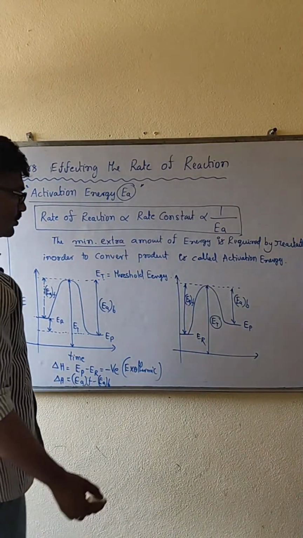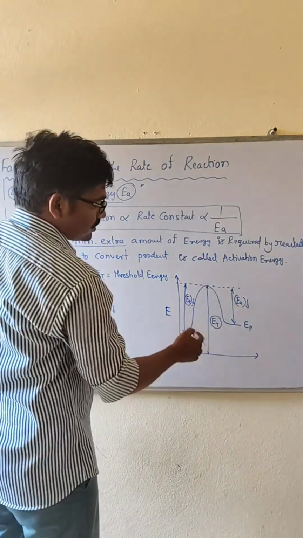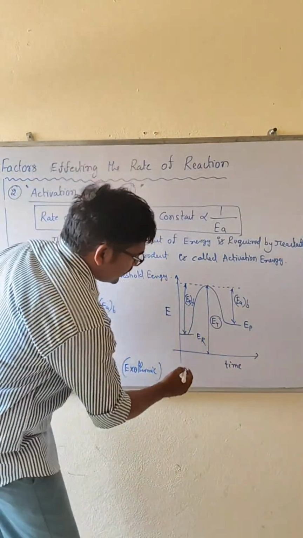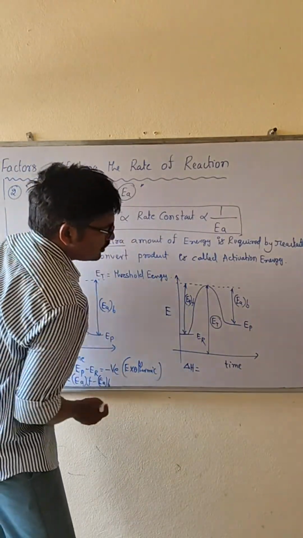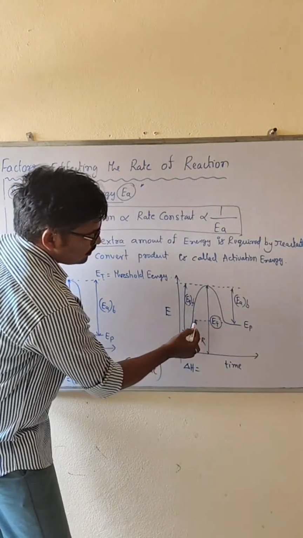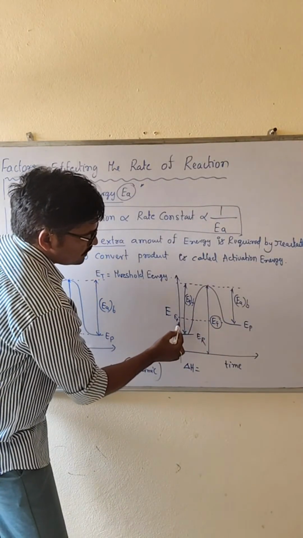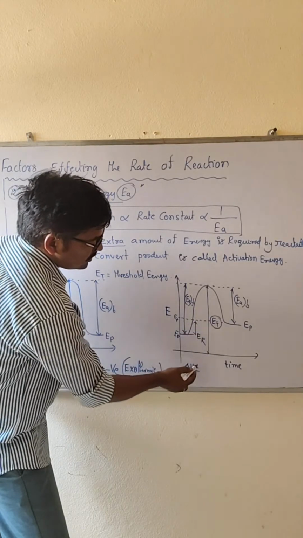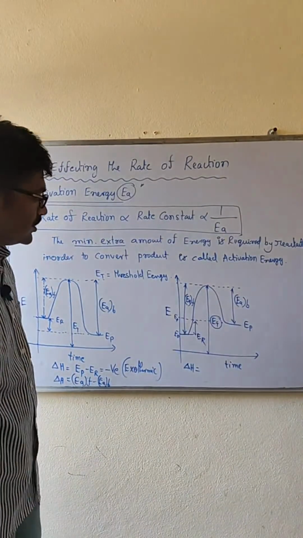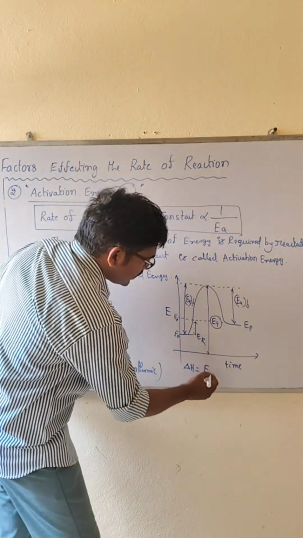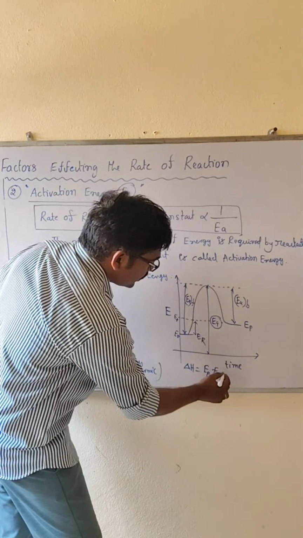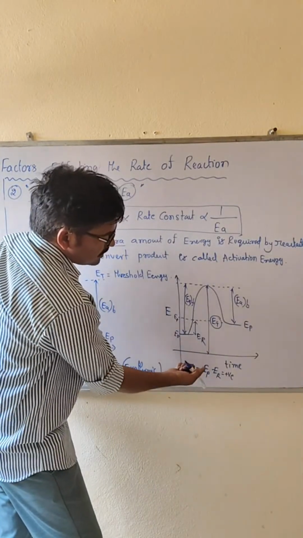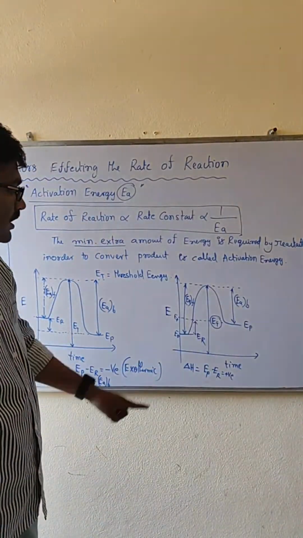Now if you take the energy of reactants and products with time, even here we can find the delta H value. This is the energy of products, EP, then this is the energy of reactants. The energy gap between the products and reactants is called the change in enthalpy of reaction. Enthalpy of products minus enthalpy of reactants gives a positive value here, because the enthalpy of products is greater.